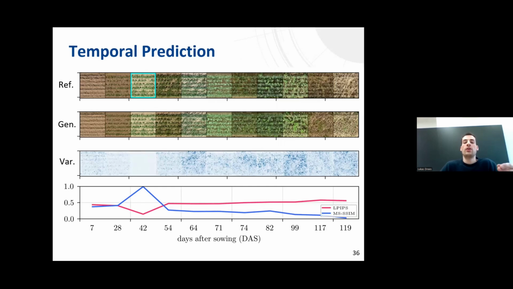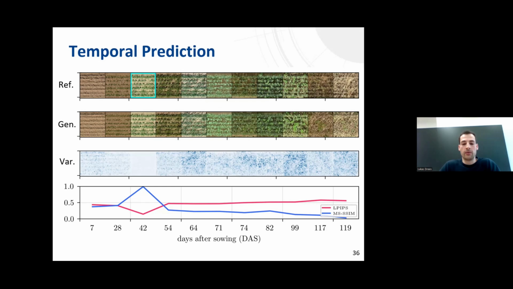For example, first, because we only have one input image now, we can demonstrate that we can still generate different growth stages by fixing all the other factors except time. So here in this figure, you can see in the top row the reference images, with again the blue framed image being the input image. Then the second row is the generated image.